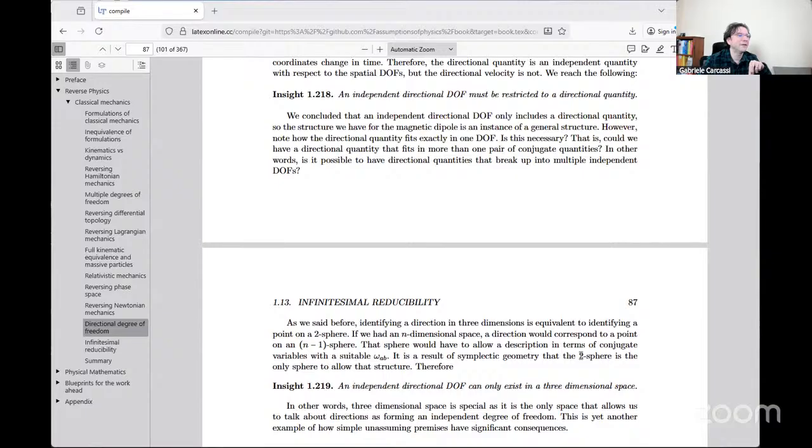And the fact that they form independent degrees of freedom just means that you could define, let's say, the direction of each particle with a different unit. So for one particle, you use a Cartesian frame. For another particle, you can use a Cartesian frame rotated. For yet another particle, you use polar coordinates, right?